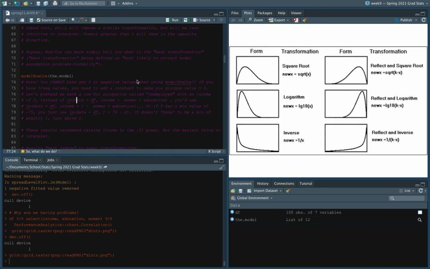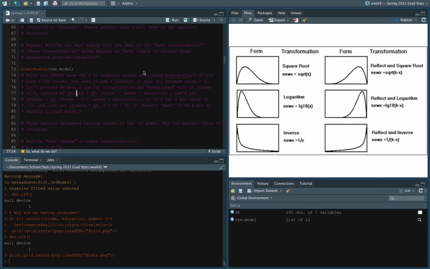Or if the minimum value of y, your outcome, was negative 75, then you could do y plus 76 regressed on x or whatever. It doesn't have to be a minimum of exactly 1. It just has to be above 0. It cannot be 0 or negative, because you can't log transform zeros or negative numbers. You'll run into errors.